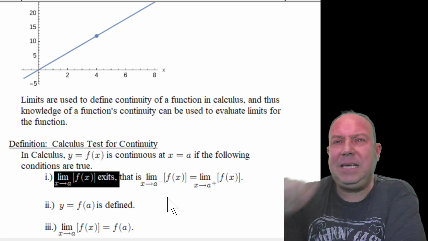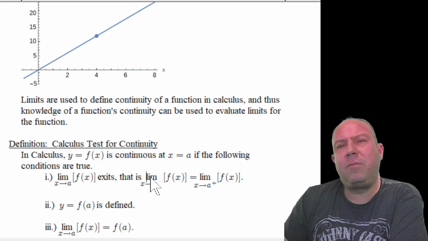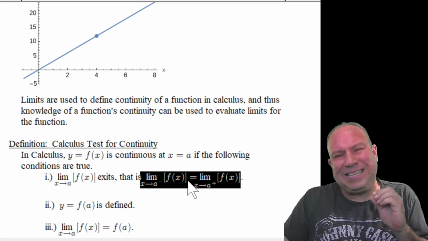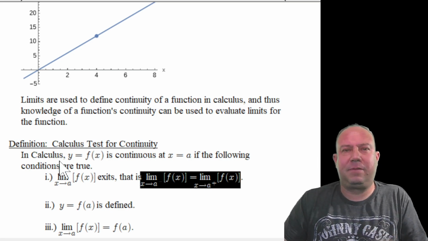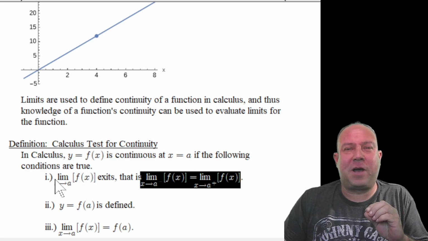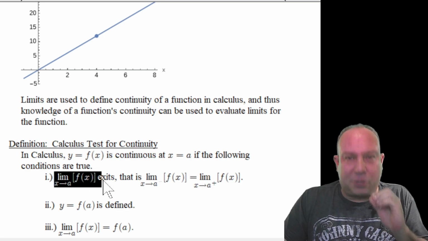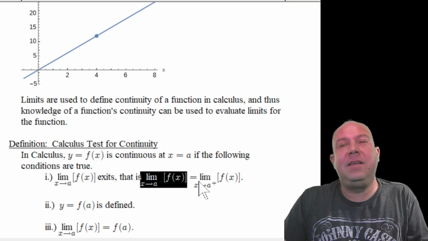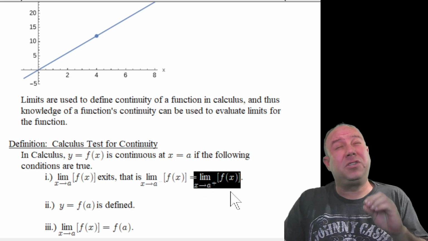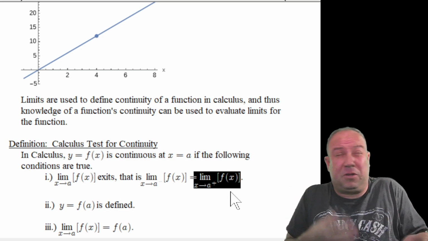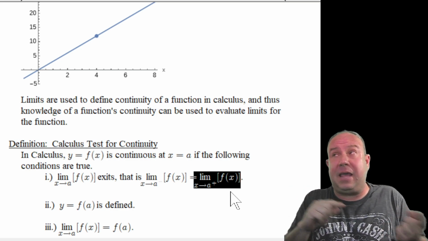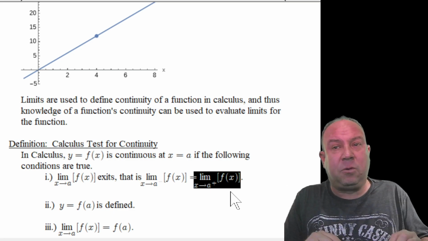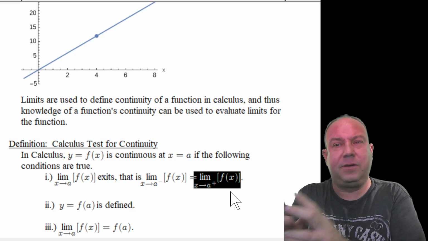And what that means, folks, is that this two-sided limit must exist. If the two-sided limit exists, what that means is the left-hand side limit and the right-hand side limit, which can always be evaluated, must be equal to each other.